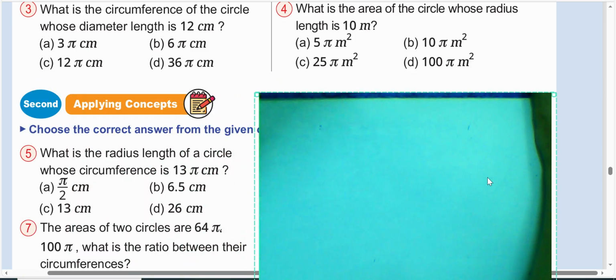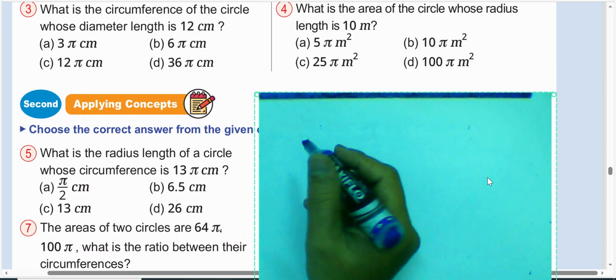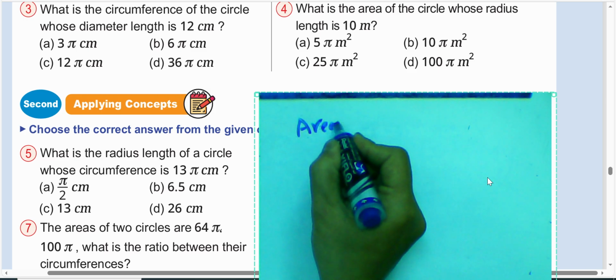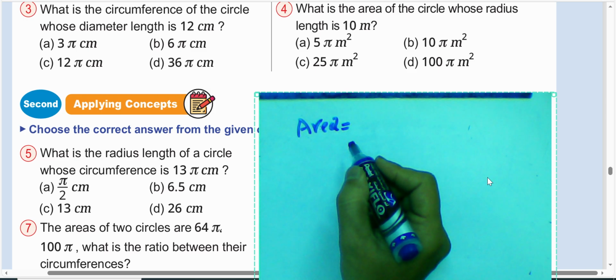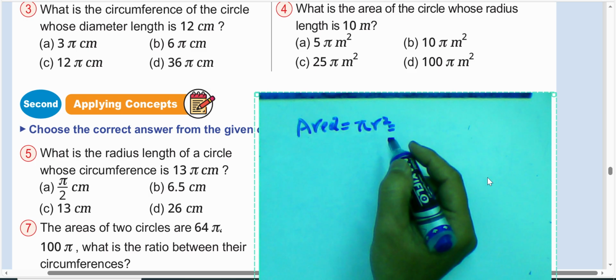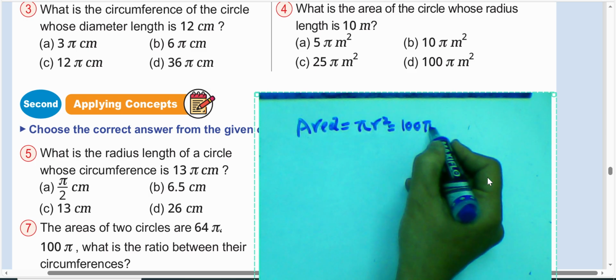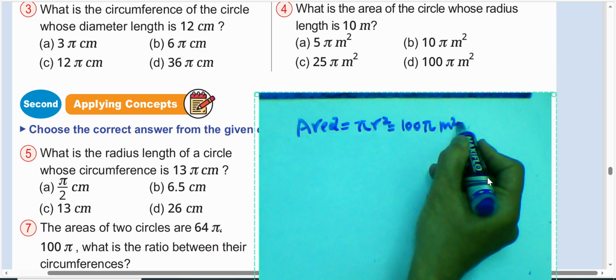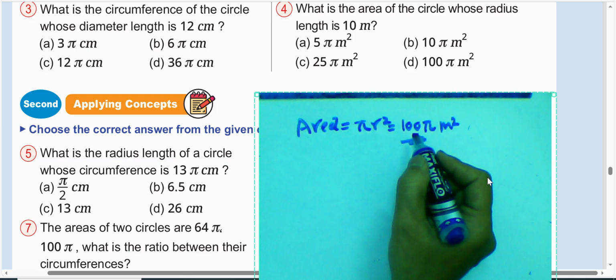What is the area of a circle whose radius is 10 centimeters? We can find the area. The area of a circle equals pi r power 2. Radius was 10, power 2, it will be 100. Then we have 100 pi square centimeters. Choose letter D.